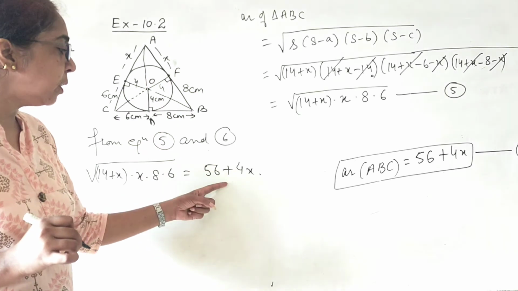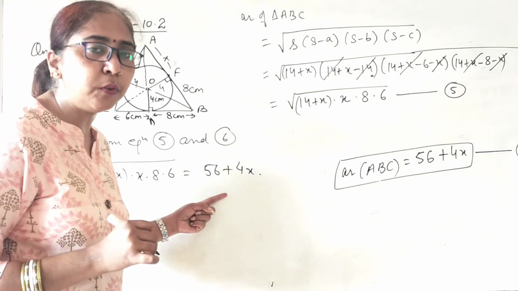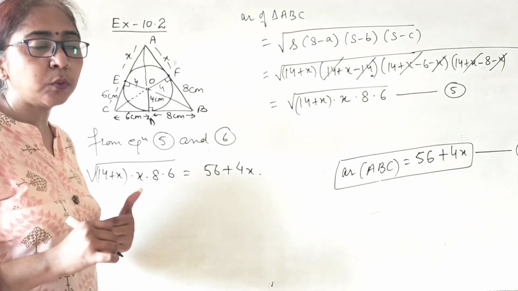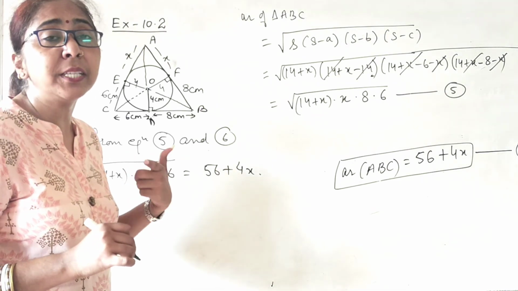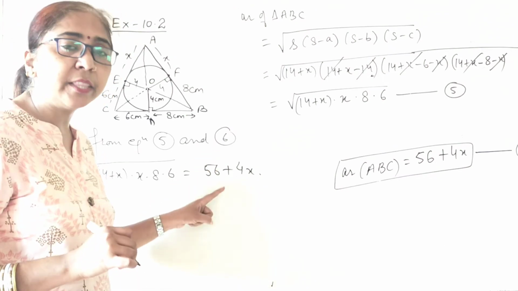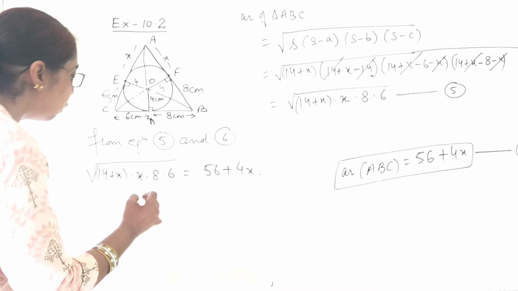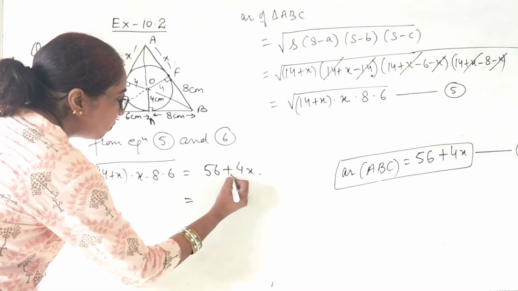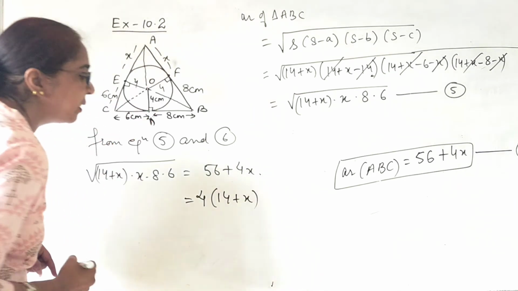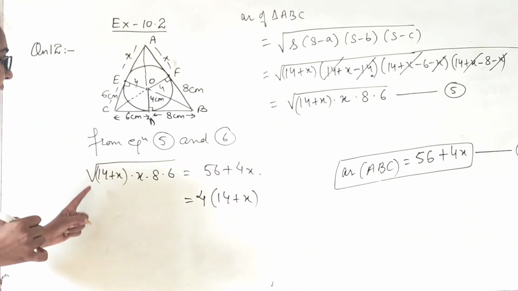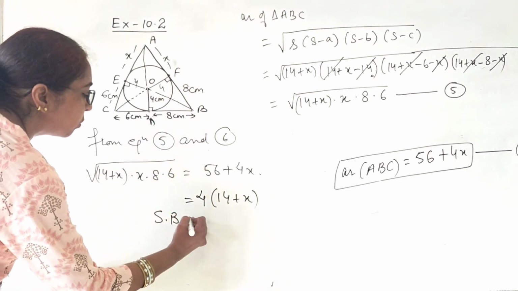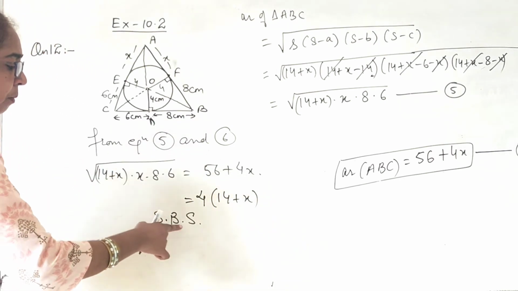Okay, so I'm taking the common here. It will be really helpful for you if you take the common; if you don't take the common and want to remove the square root, the calculation will be so complicated. So it's better to take the common here, right? I'm just writing it as 4 is common. This will be 14 plus x now. Because I want to remove the square root, I'm squaring both sides.